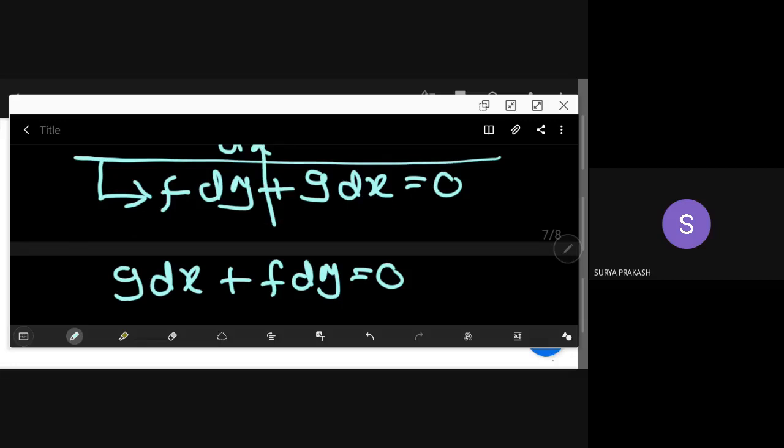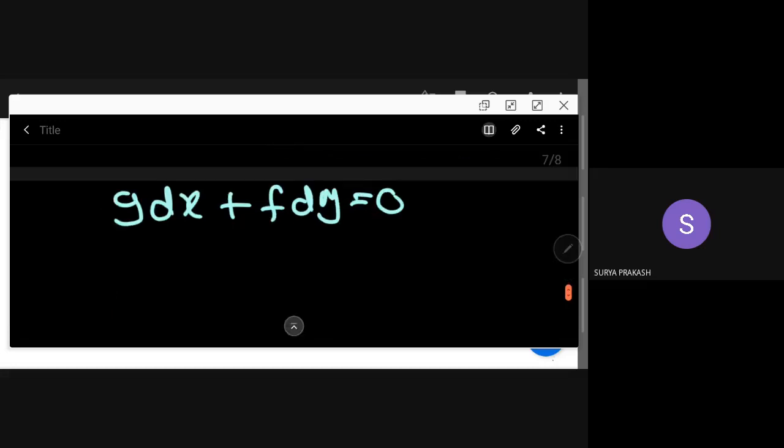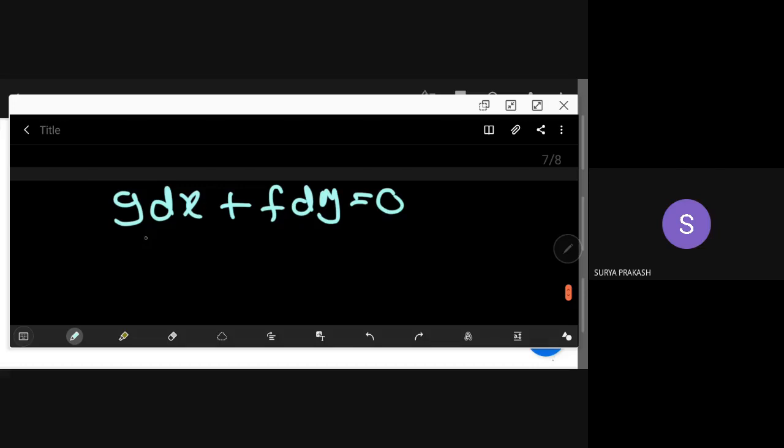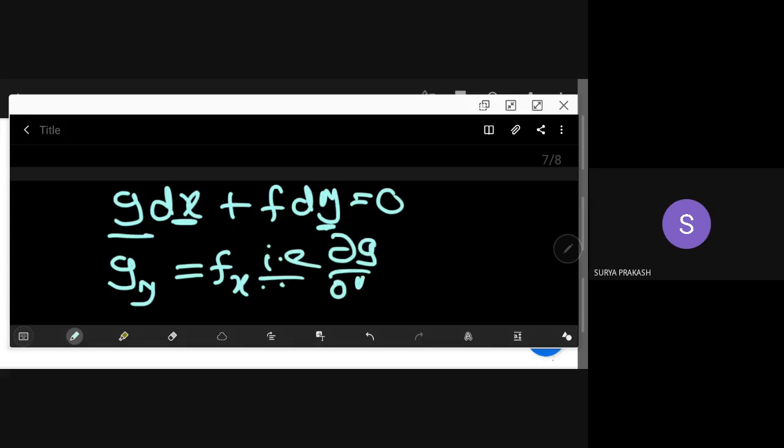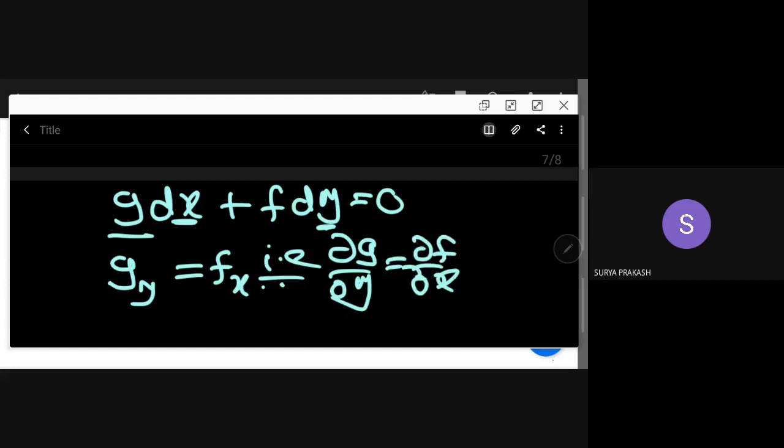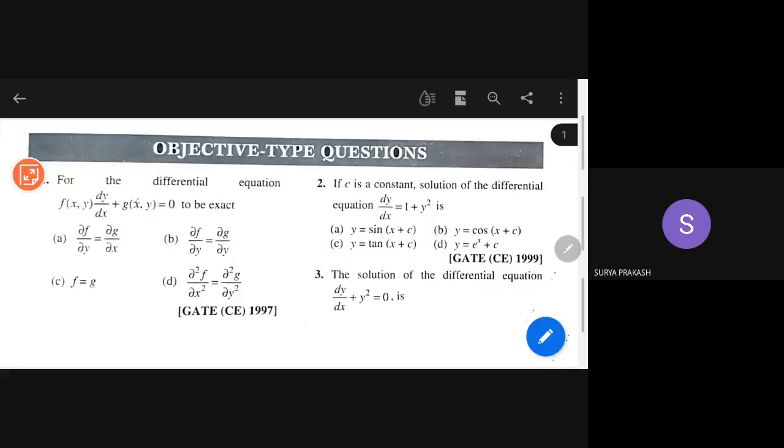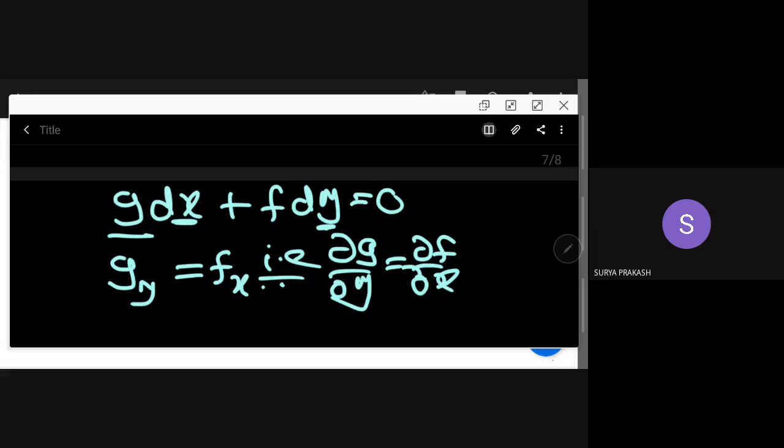M dx plus N dy, so you write z subscript y, because x is there. dou z by dou y is equal to dou f by dou x. That is the condition.